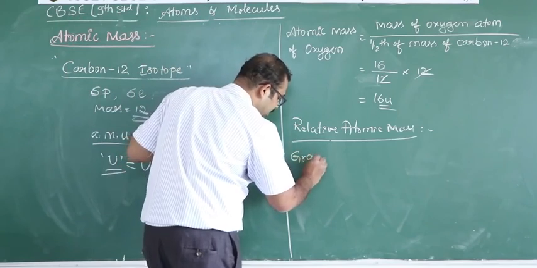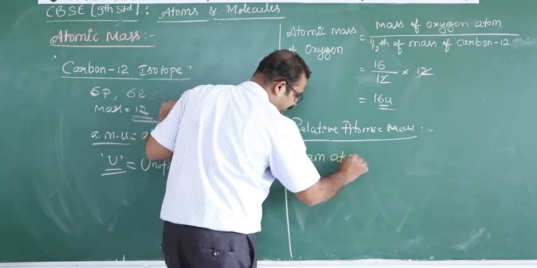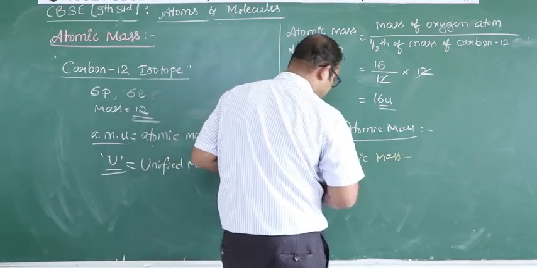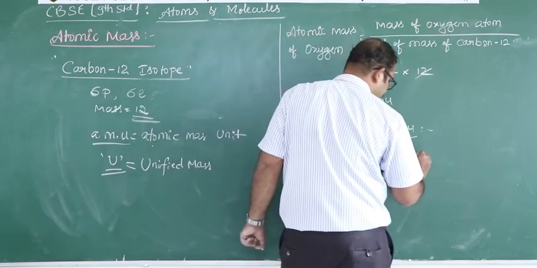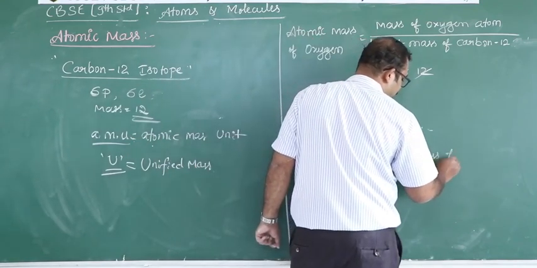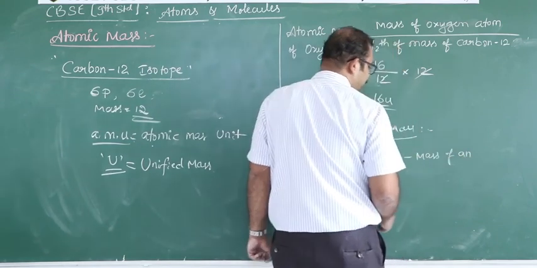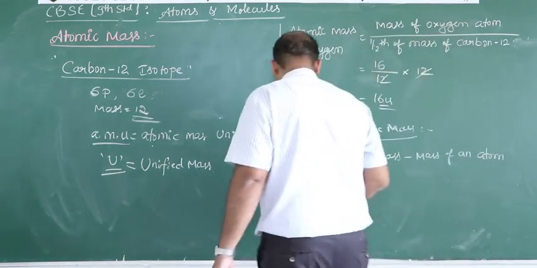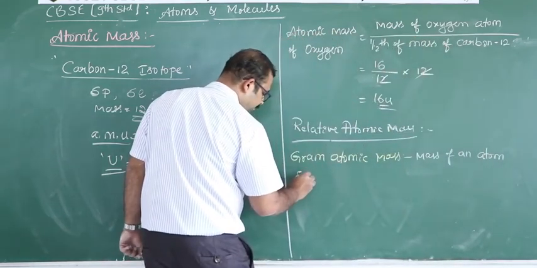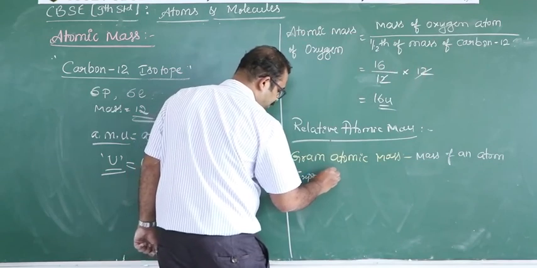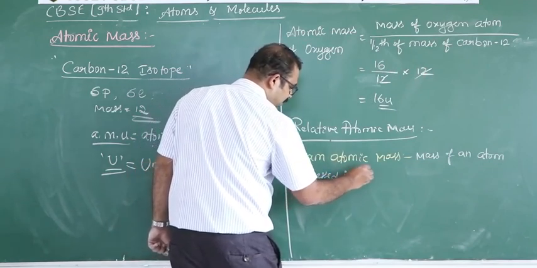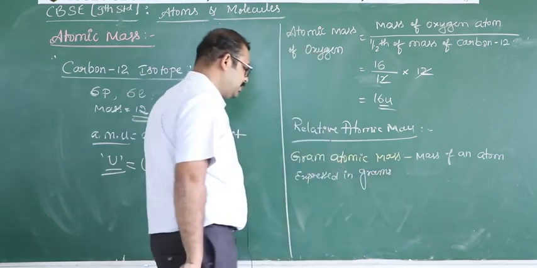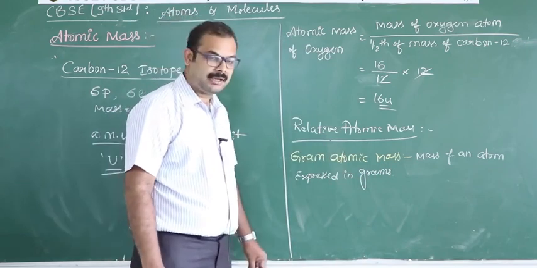So the next thing is gram atomic mass, which means the mass of an atom expressed in grams. Mass of an atom expressed in grams is called gram atomic mass.